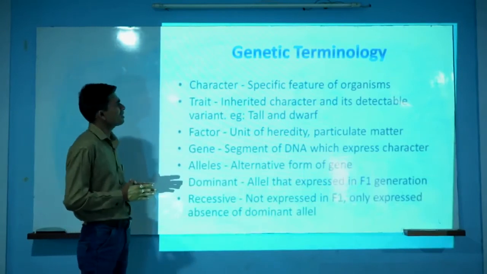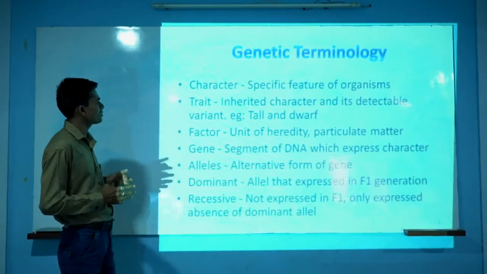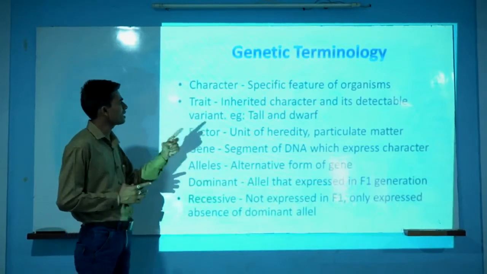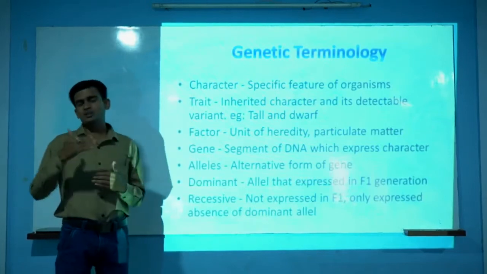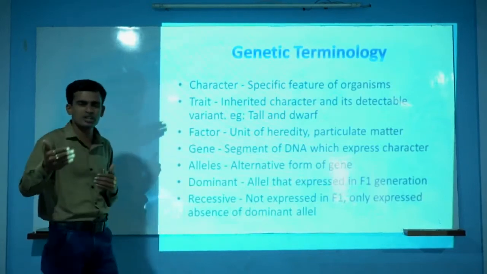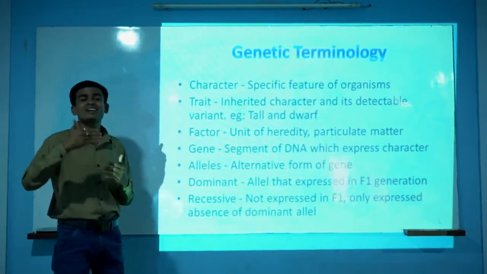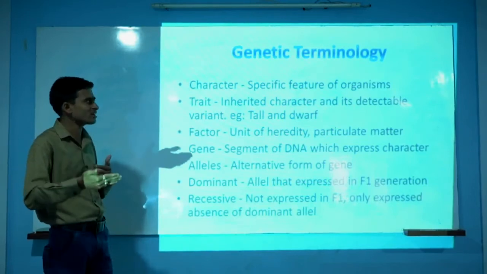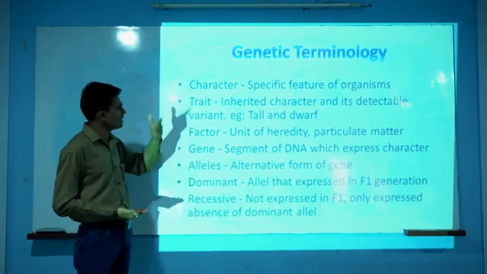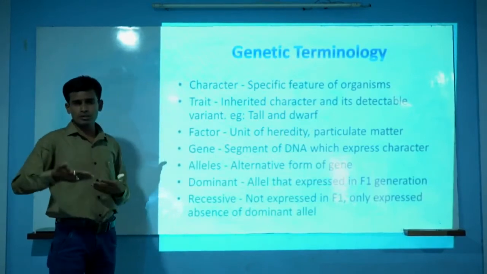Then trait: an inherited character and its detectable variant, for example tall and dwarf. Here the character gets transferred from one generation to the next, from parent to offspring. So that character gets transferred, that is, inherited. That inherited character is the trait, and its detectable variants show the variations.